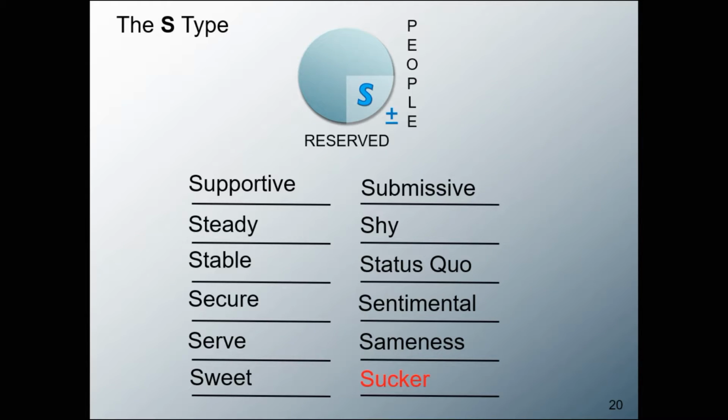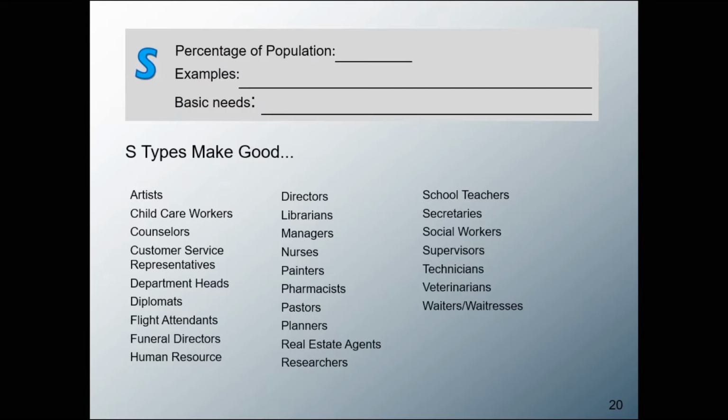They look for stability, for what is secure, for the status quo. They are people oriented, so they'll be sensitive to people. They want to be liked and they want to help people. They are sweet people. It's the majority of the population, 30 to 35%.